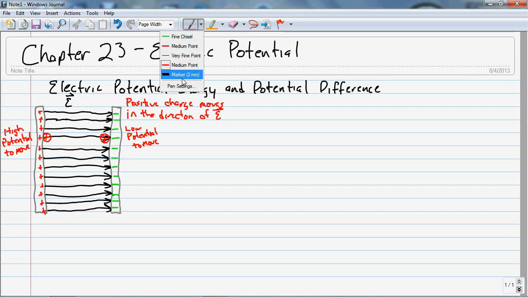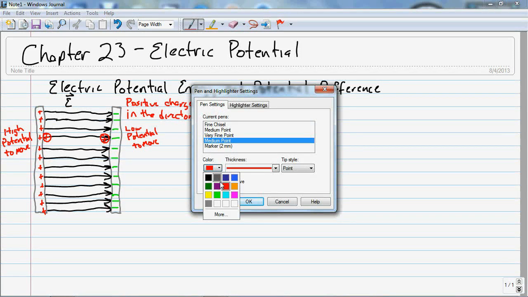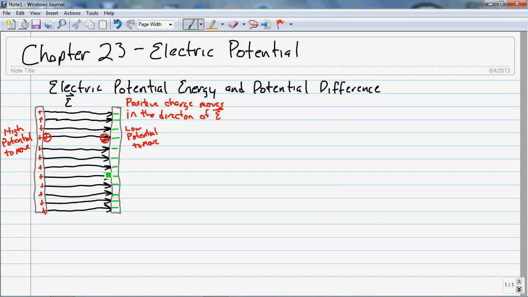Now let's look at a negative charge. So we'll put a negative charge here on the negative plate, and at this point the negative charge has a high potential to move. It really wants to get away from it, and when I get to the positive side I'm going to have a low potential to move.